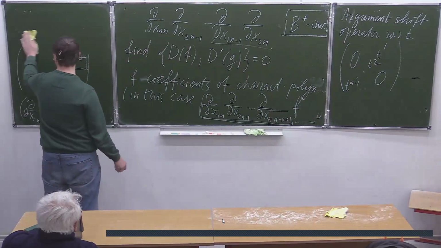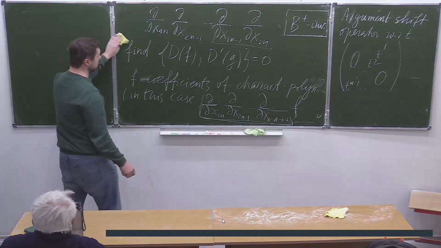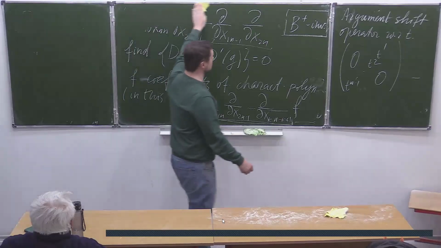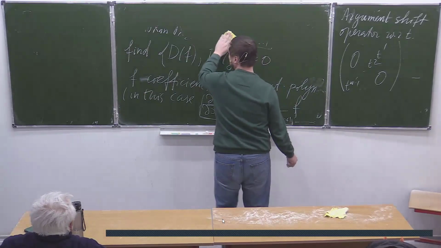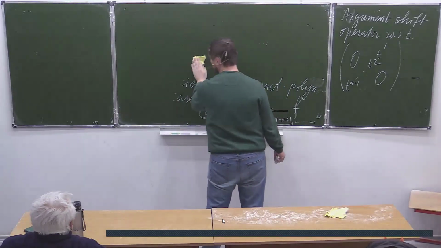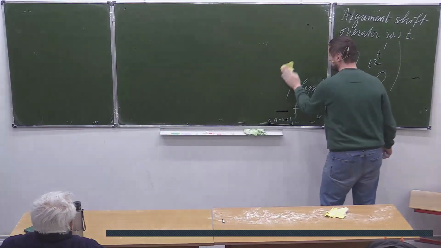Okay, but now I'm going to speak about the integrability of the system in the sense of the Lie-Bianchi theorem. So let me recall the formulation of the Lie-Bianchi theorem as much as I can remember it.